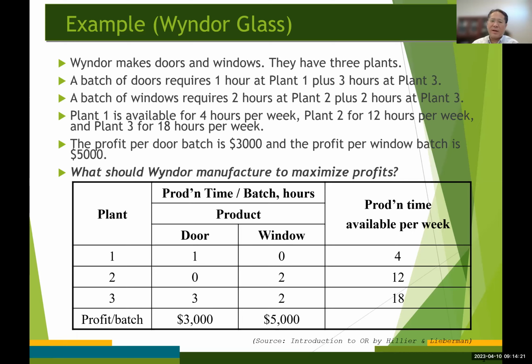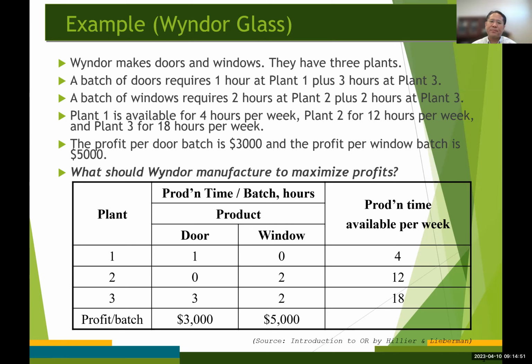Okay, so to illustrate the basic concepts of sensitivity analysis graphically, let's reconsider the window glass example that we discussed earlier this semester. In this example, Window Glass makes two glass products, right? A glass door and windows in three different plants.